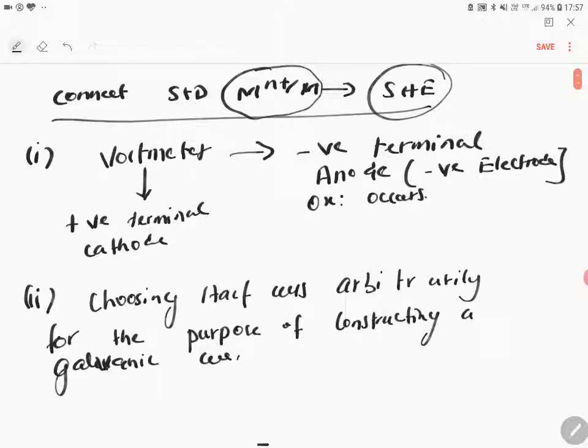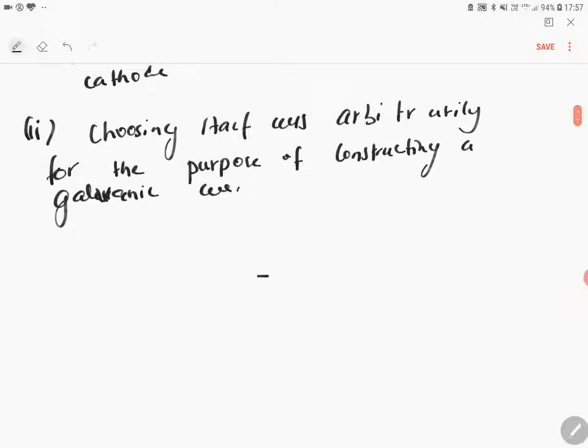Then what should you do? In this case, you have to compare the standard reduction potentials of both electrodes.